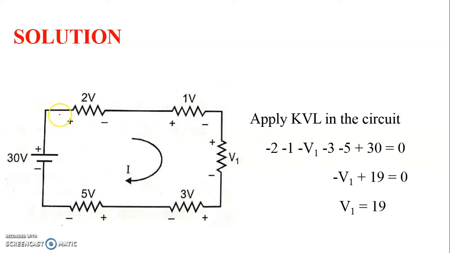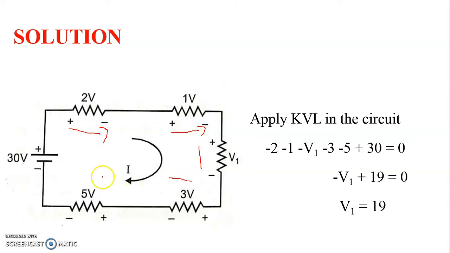Here the current is flowing this way. So the potential drop is -2, based upon the sign of voltage drops. Likewise, the current is flowing in this manner, so we get -1. Here also +2, minus V1. Here the drop is -3 volt.